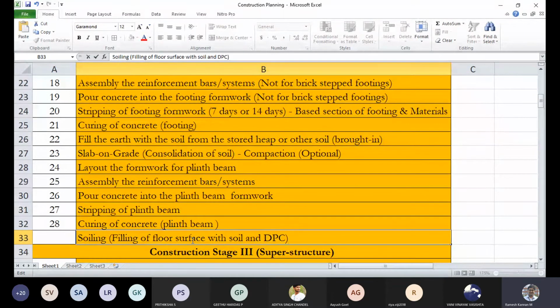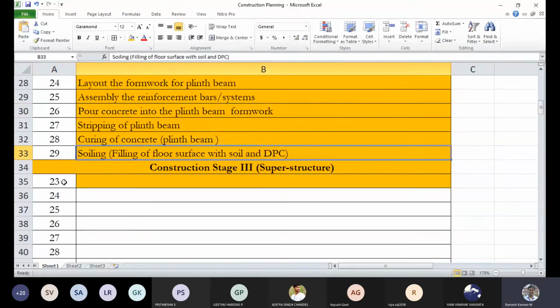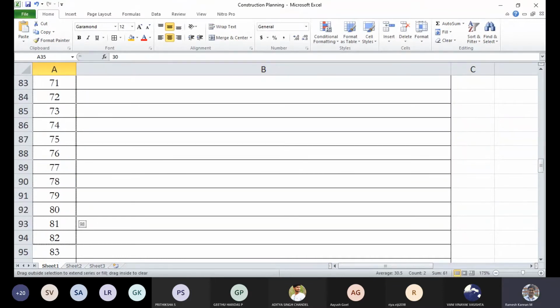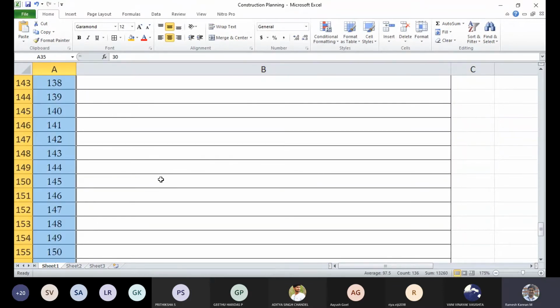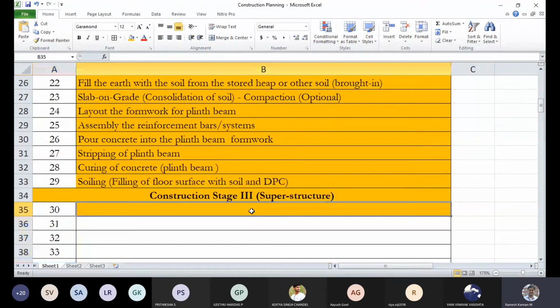Since this is the substructure, water might percolate above, so it's a process that is mandatory, right? And whatever we do after this will be superstructure, and we can call that construction stage 3.